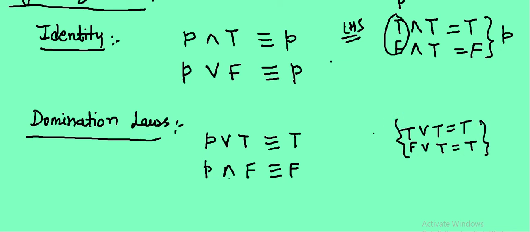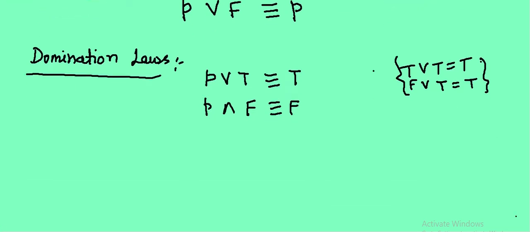And again, for the conjunction, you can take different values of P, either true or false, and because it is in conjunction with a statement which is always false, it will be false. As we know, in conjunction, if both the propositions are true, then it will be true, otherwise it will be false. And it cannot be true all the time, because one of the propositions of the statement is false.